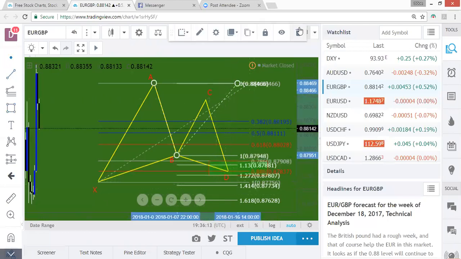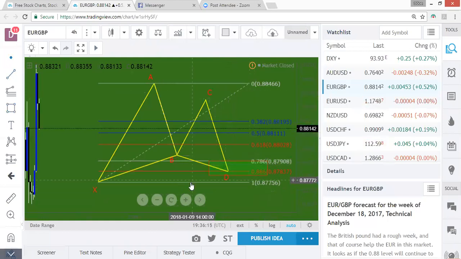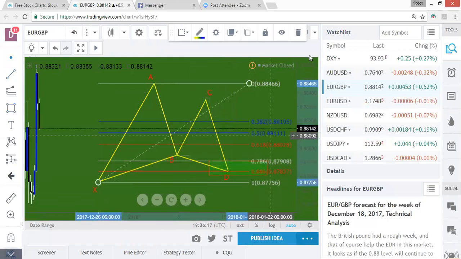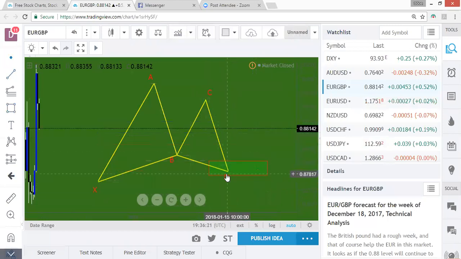All right, let's get rid of some of this noise. Targets and stops. We'd have looked to enter at that 786, in between that 786 and that 127 extension, of course. Now, stops. Again, we're going to use the Fibonacci extension. We're going to do an inversion.